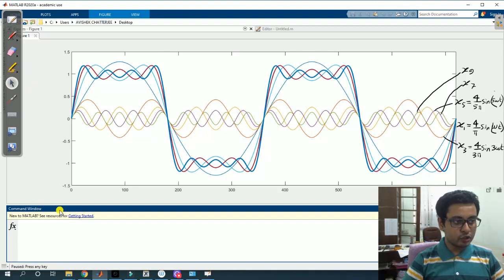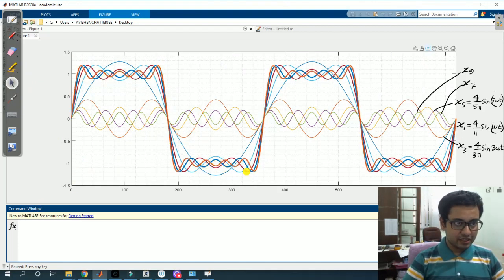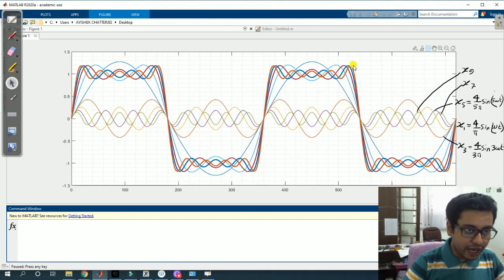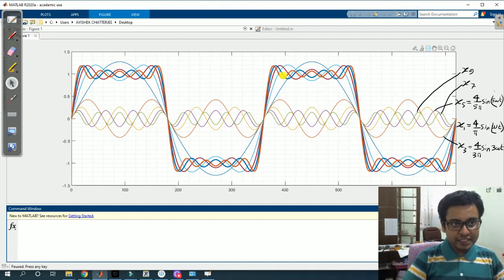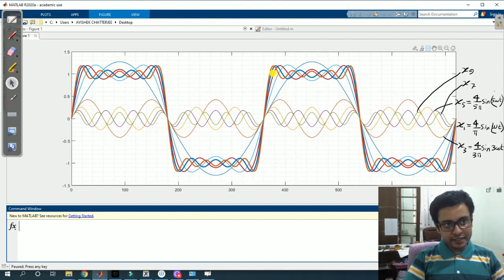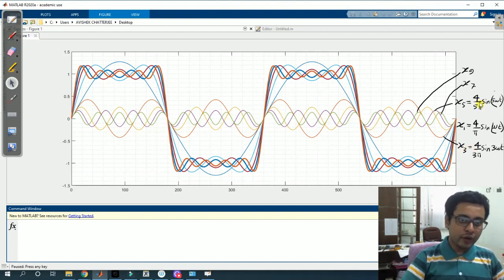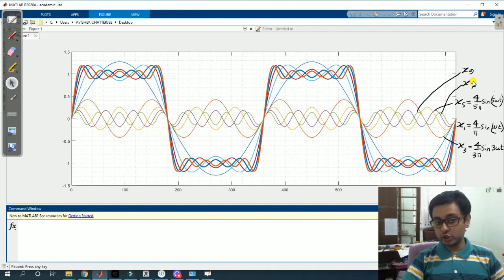That will look like this orange or light brown curve, which is quite flat compared to a sine curve, and it is somewhat similar to a square wave. In this way, by adding more and more terms, sine 13 omega t, 15 omega t with appropriate amplitudes 4 by 13 pi, 4 by 15 pi, etc., you can create a perfect square wave. You should verify this yourself at home.